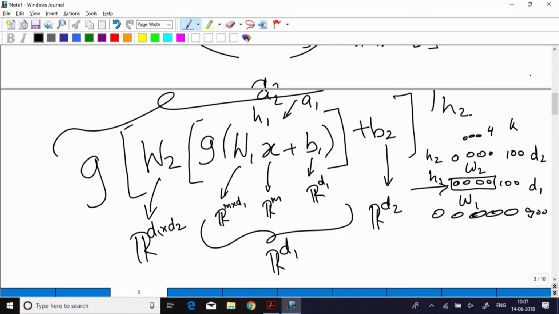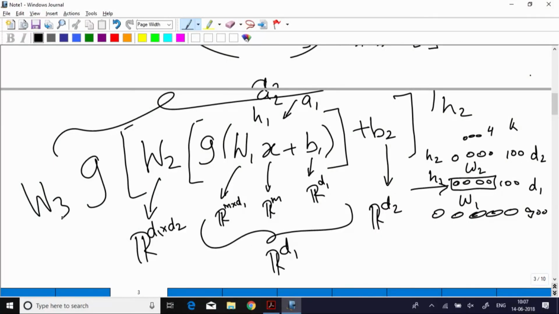Now from where do I need to go? Output layer. So what will I do first? Multiply this by W3 and add B3. And then what will I do to that? O. For the output layer, we are calling it the output function. Everyone gets this now? What are the dimensions of W3?